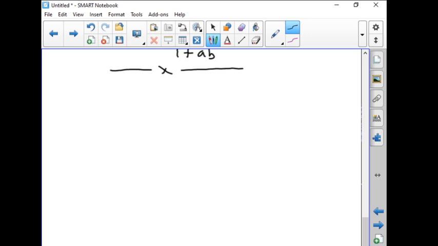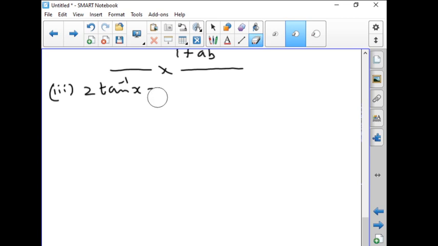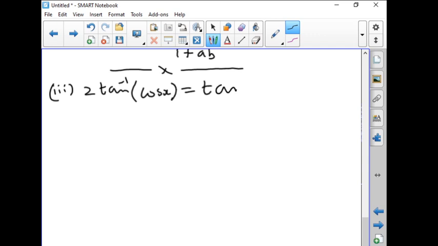Now, coming to the third subdivision. Third one, 2 tan inverse of cos x is equal to tan inverse of 2 cosecant x. So, now take the left hand side.